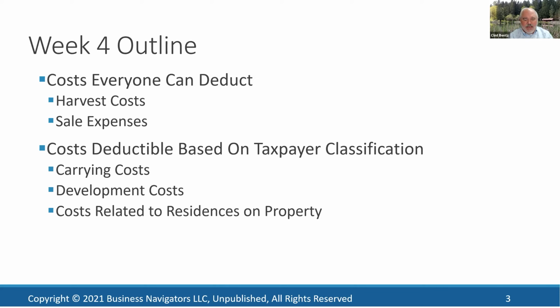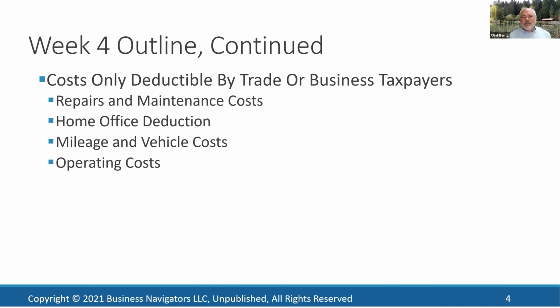Many of us have rentals or vacation homes or something on our property that get rented out or not. Whether they're rented out or not, how do we deduct those expenses? And then finally, we're going to talk about costs that are only deductible by trader business taxpayers. Those are repair and maintenance costs, the home office deduction, mileage and vehicle costs, and then other operating costs.